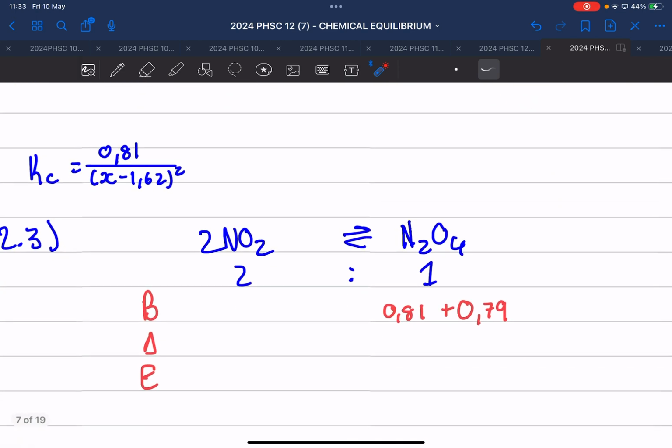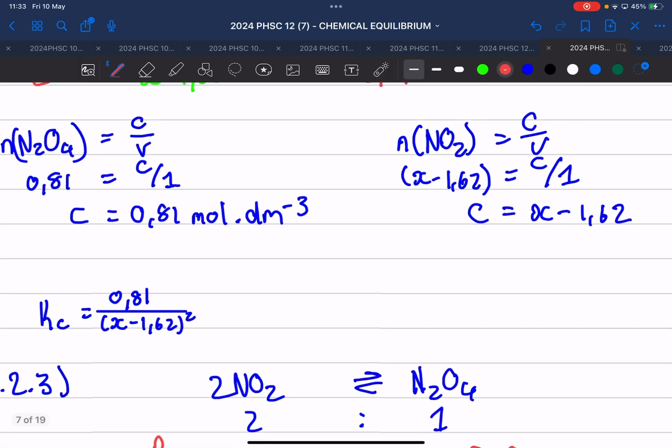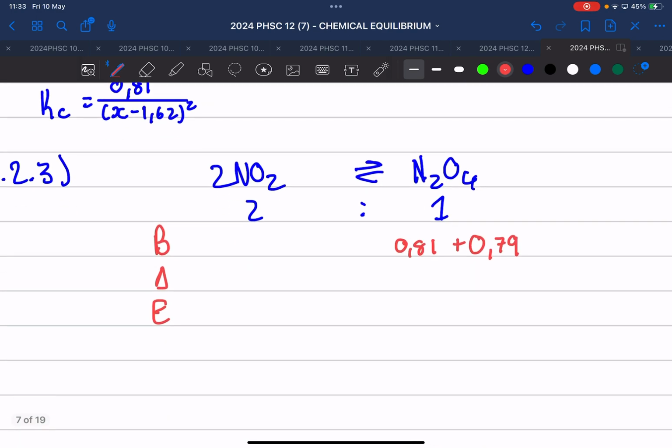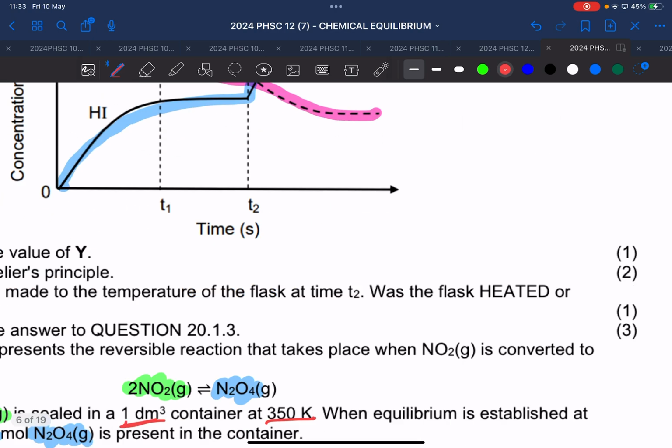Okay, and then for our NO2, we start with x minus 1.62. Now we increased the concentration of our products.